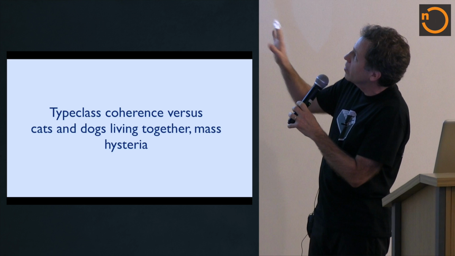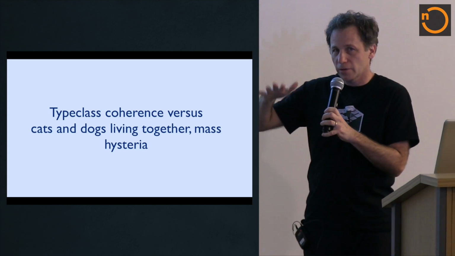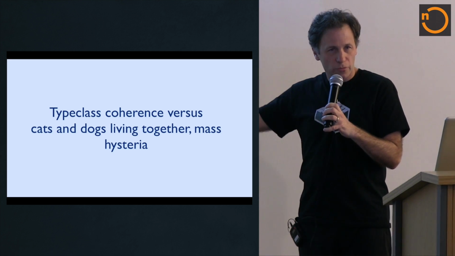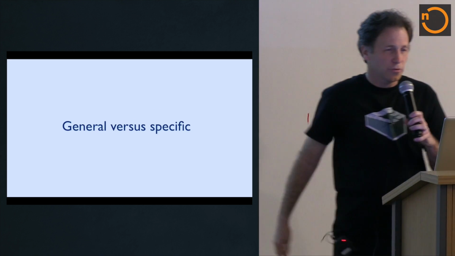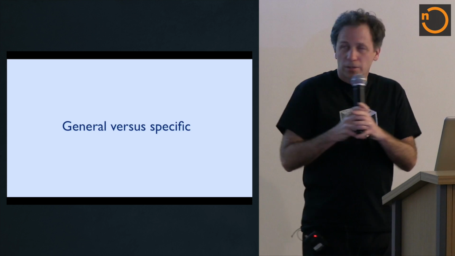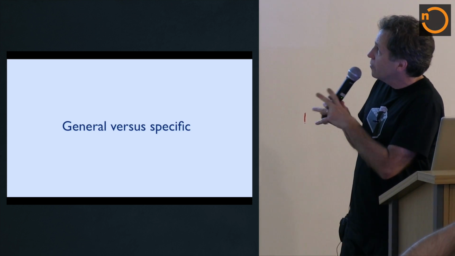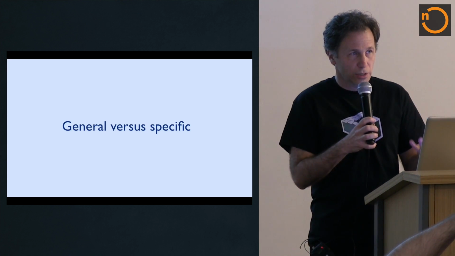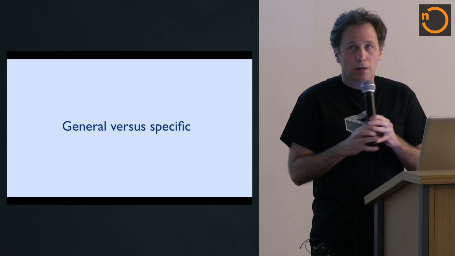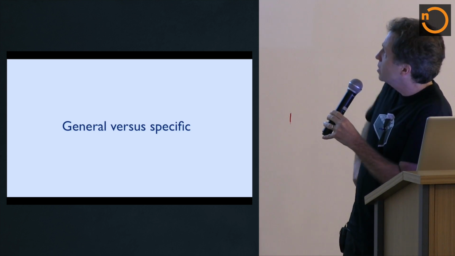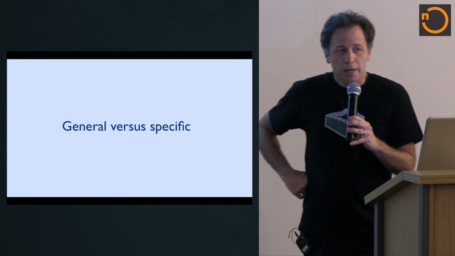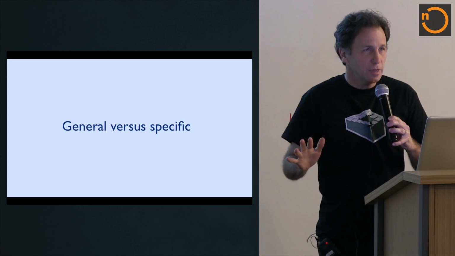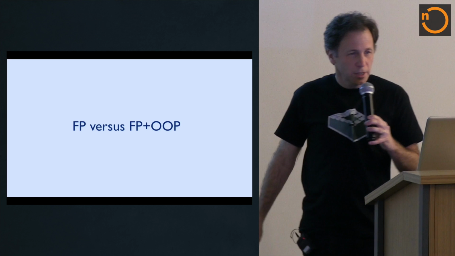The type class coherence goal is really something that informed the Scalaz design, and the fact that I'm not trying to do that has informed the Scalactic design. So that's another difference. The other thing I find is that there's a real strong desire to make things general in the Scalaz community, which I think is a good thing. But I think that there are times when it's good to be specific. And that's another difference in philosophy that made these two designs come out differently.